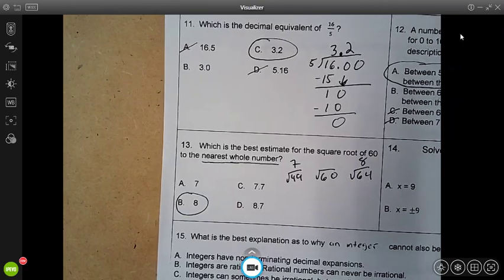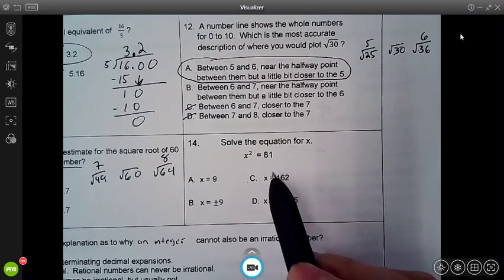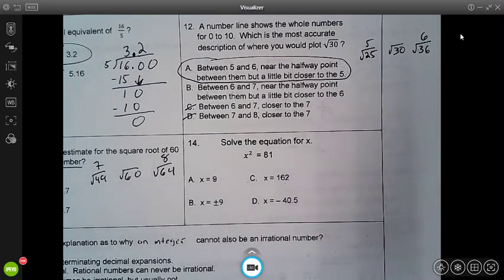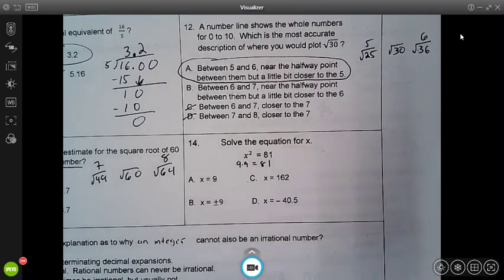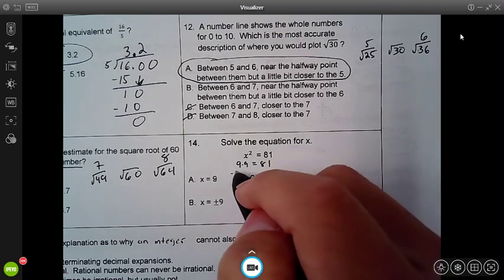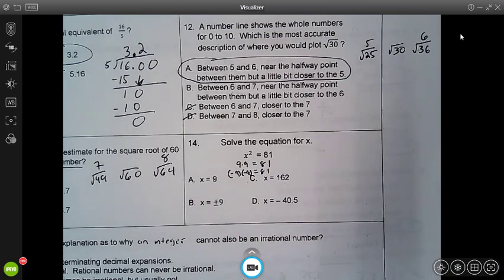Alright, solve this equation for x. So you have x squared equals 81. And you can do 9 times 9 equals 81. Okay? But also, negative 9 times negative 9 gives you 81. Okay? So you have to account for the positive and the negative.